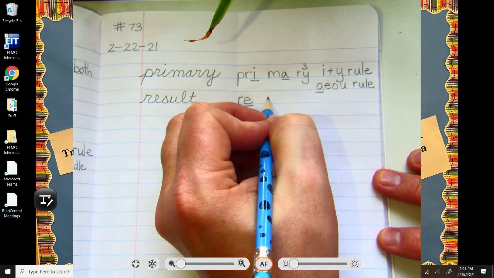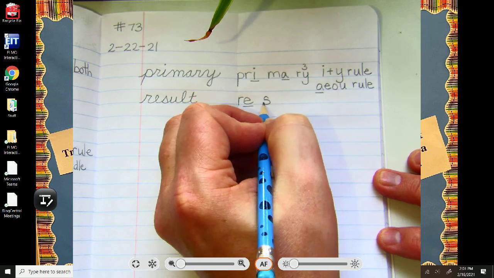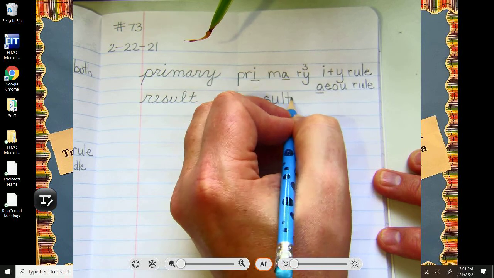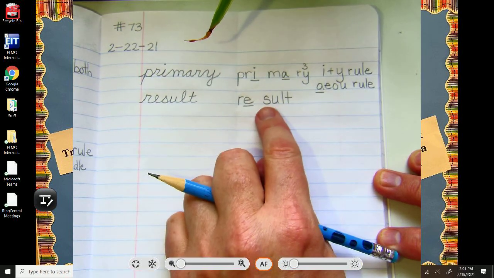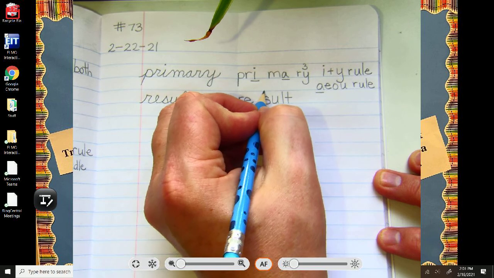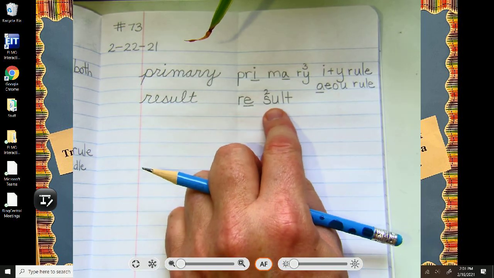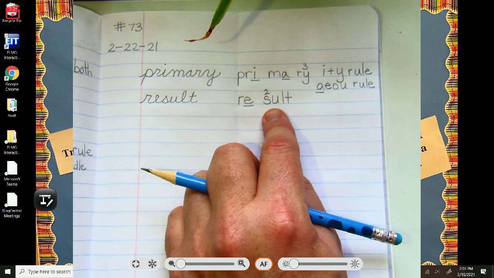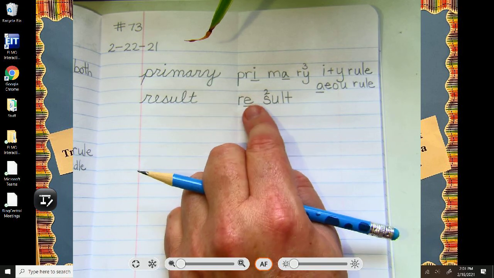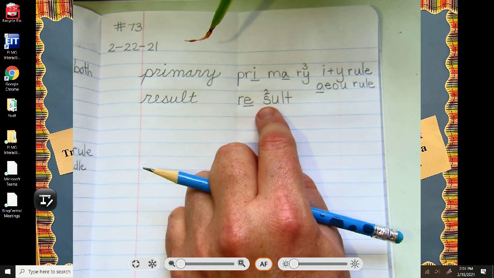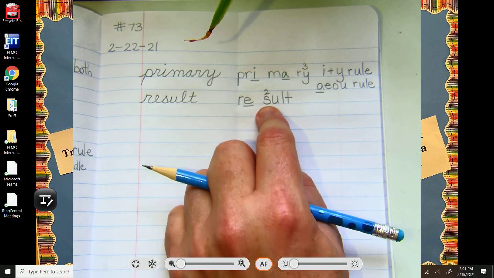Then, after that finger space, our second syllable is z, ul, t. Now, we have to make sure we get that 2 right above the z, because otherwise it's going to look like this word is resalt, right? Like you're resalting your food. No, this is result. Z, z. Second sound of the z, result.